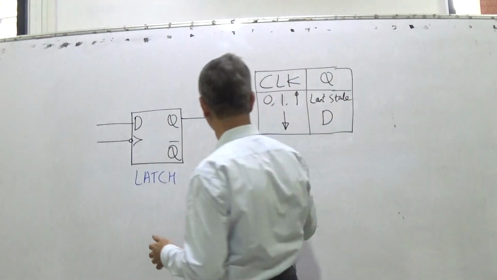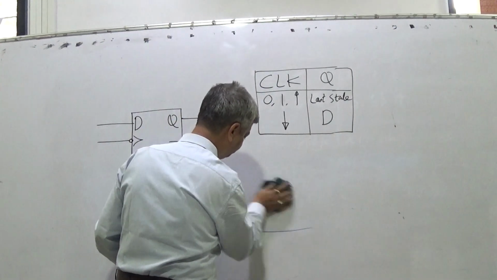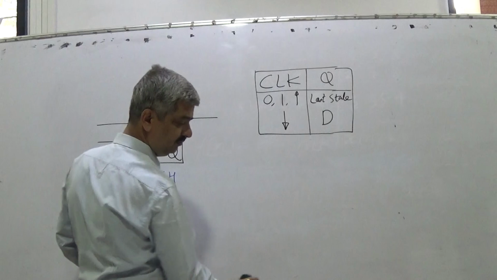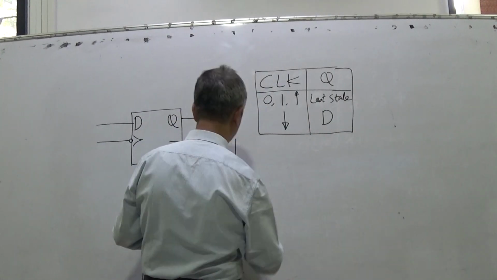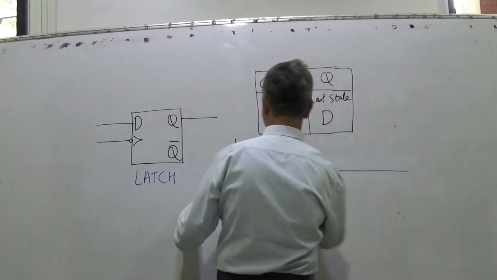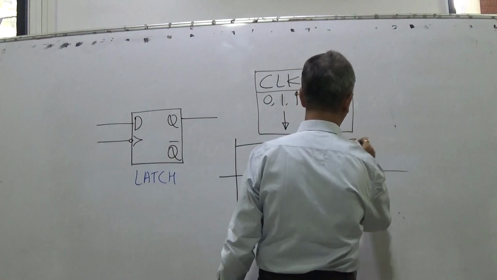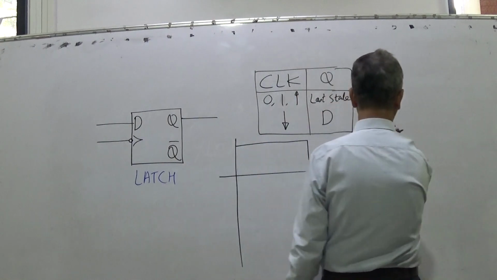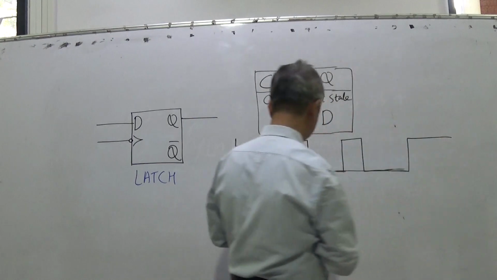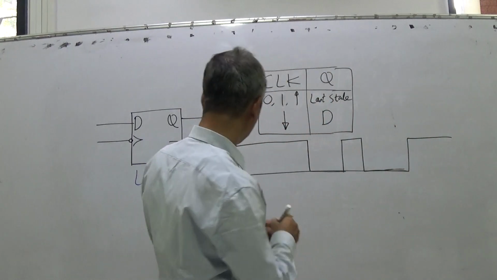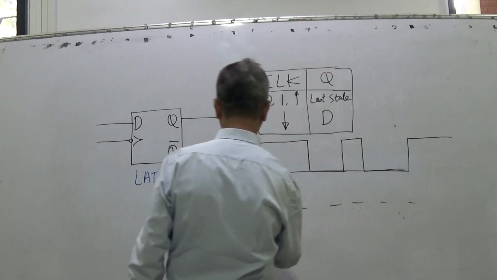I will explain it using a graph, using a diagram. So D is an input. You can give any input, say the input is like this: slow, low, high, like this. The clock is regularly featuring.